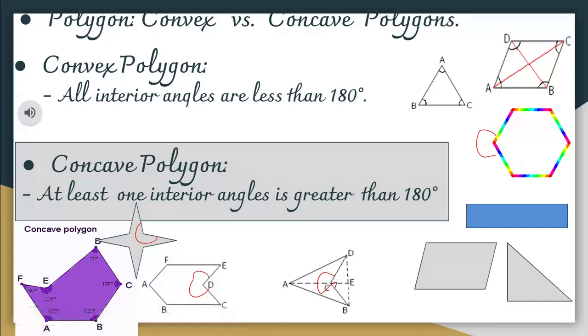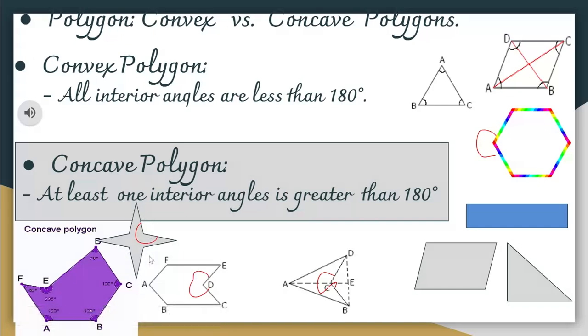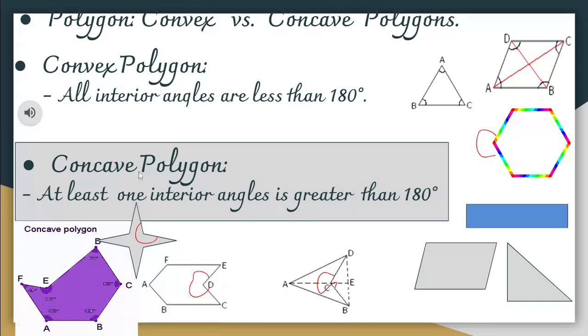So wherever you have an angle greater than 180 degrees, there you see the cave-like structure, isn't it? Right? So here you have just one cave. In other cases, you can see that more than one cave is there, isn't it? So these diagrams all have at least one interior angle greater than 180 degrees. So these all are concave polygons.